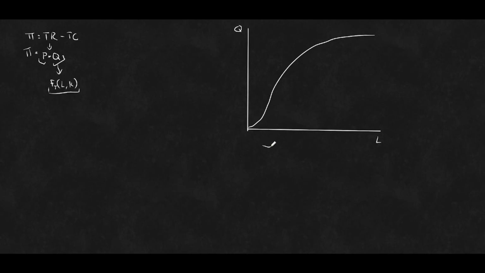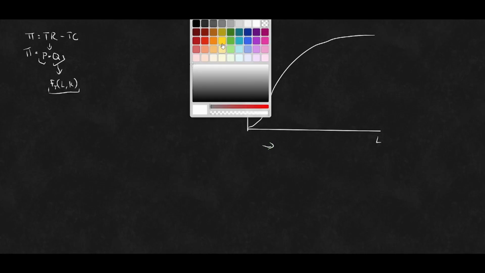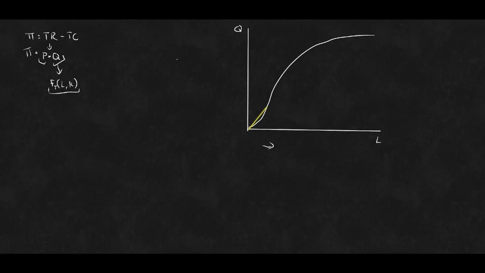That is, as we add more and more workers, initially, let me just change colors here so we can see it, from the origin to any point, we witness that we have these increasing average products. That is, our output per worker initially is getting bigger, bigger, bigger.